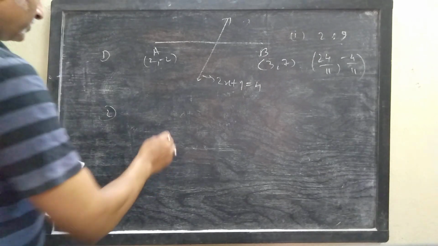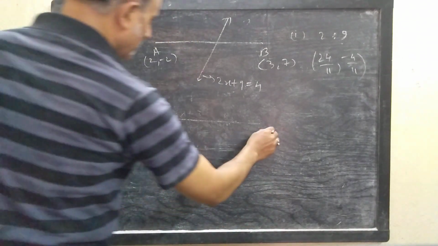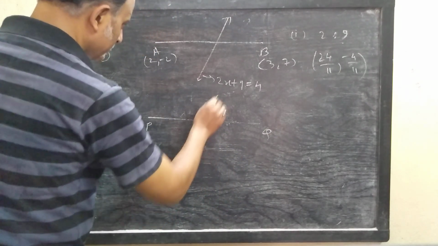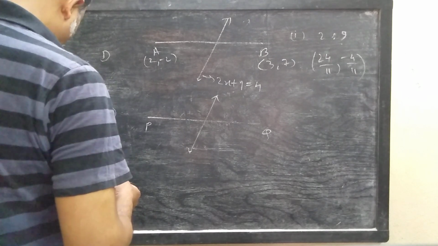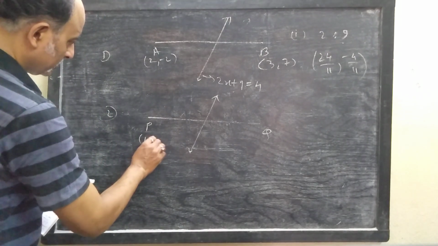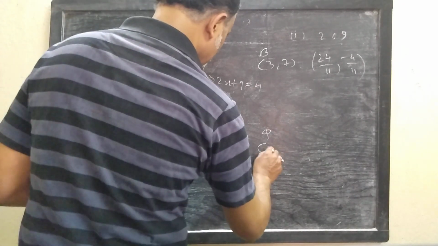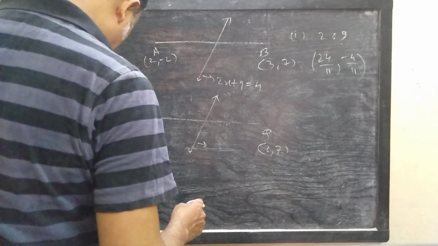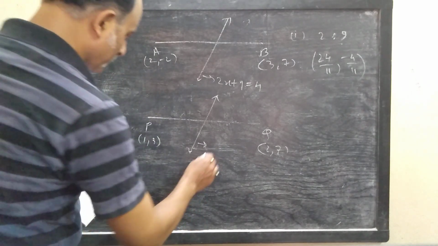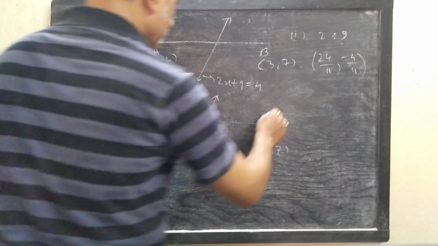Next, second question. So this is P, this is Q, this is the line. P is (1, 3), Q is (2, 7), and the equation to the line is 3x plus 4y equals 9.